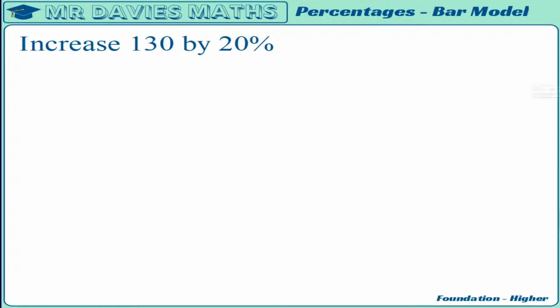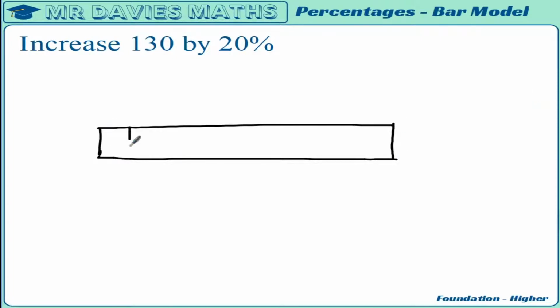Right, so increase 130 by 20%. I'm going to start off with my 10 boxes, as always. This time my total is 130, so I'm going to share it into the 10 boxes. That means I've got 13 in each box.